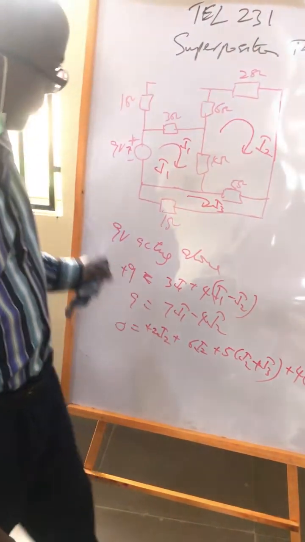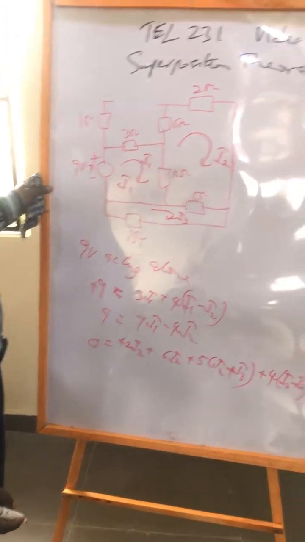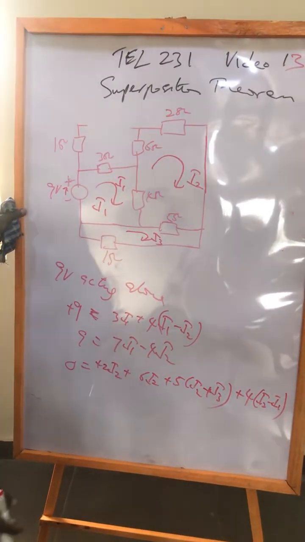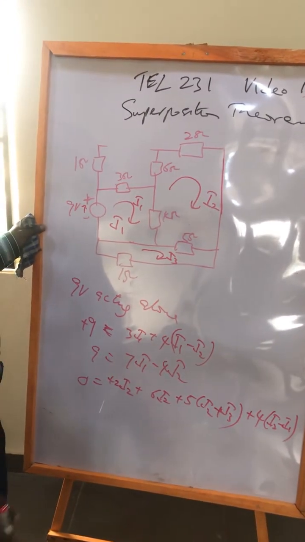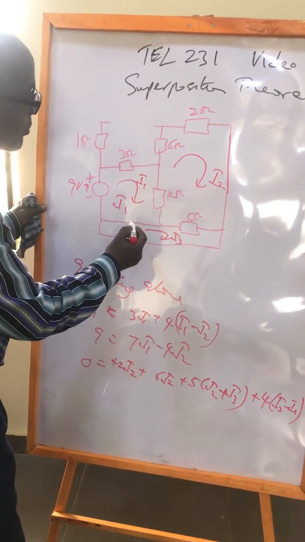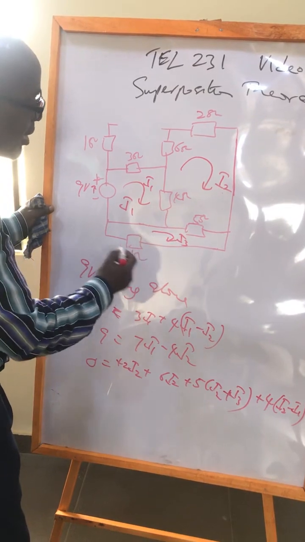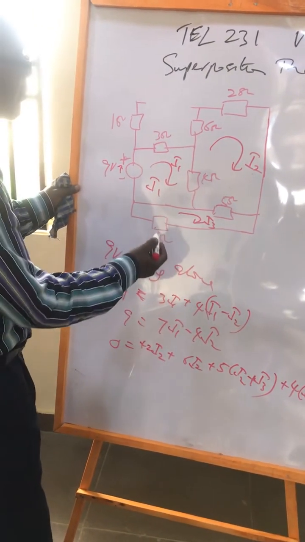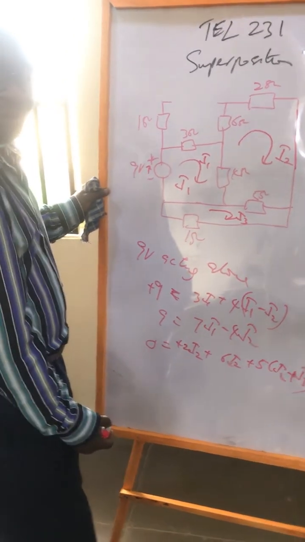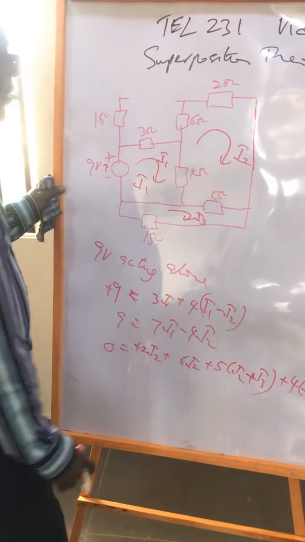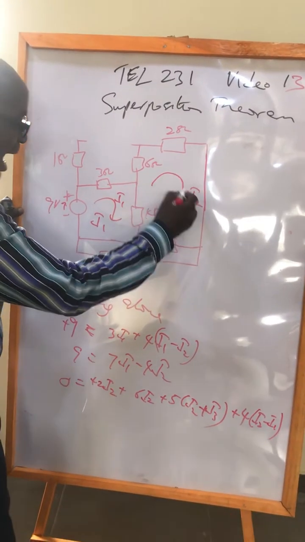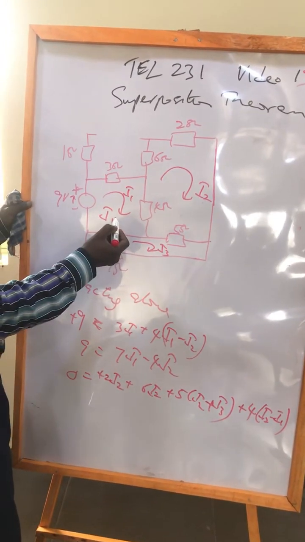5 ohm resistance. The I3. I2 is coming this way. I3 is going like that. I2 will go like this.